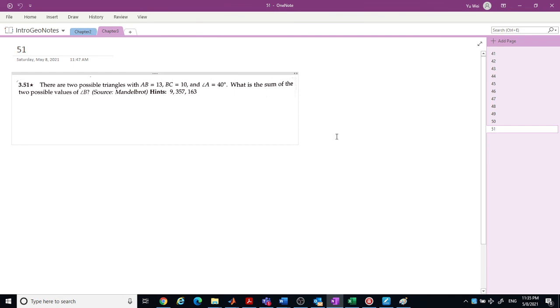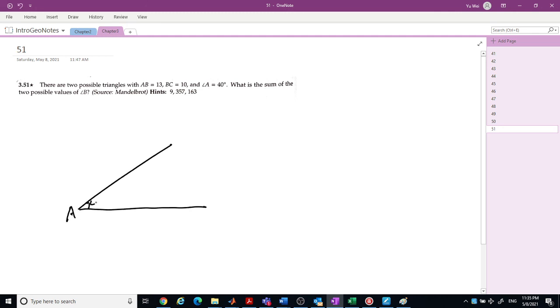So this one, we already talked about it. Let's see. That means the angle A will be 40. So AB is 13. Then BC is 10. So let's see, this is 10. But we have two possible triangles.